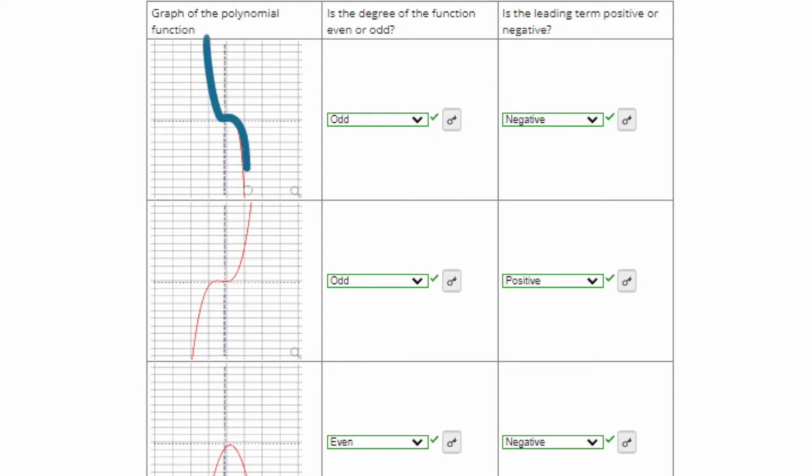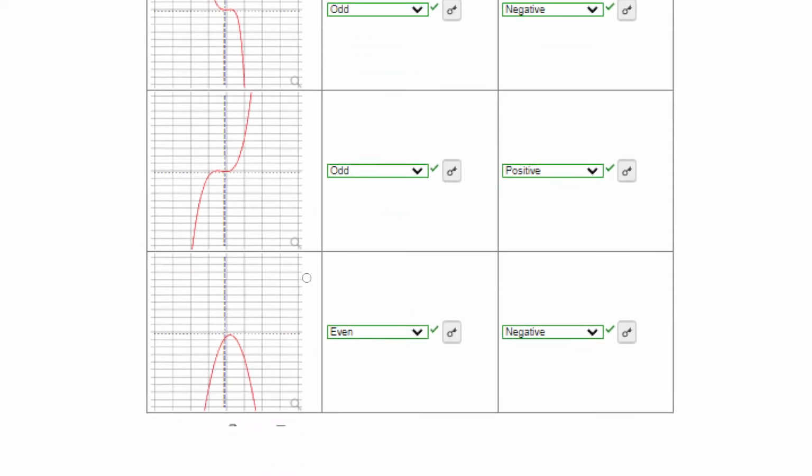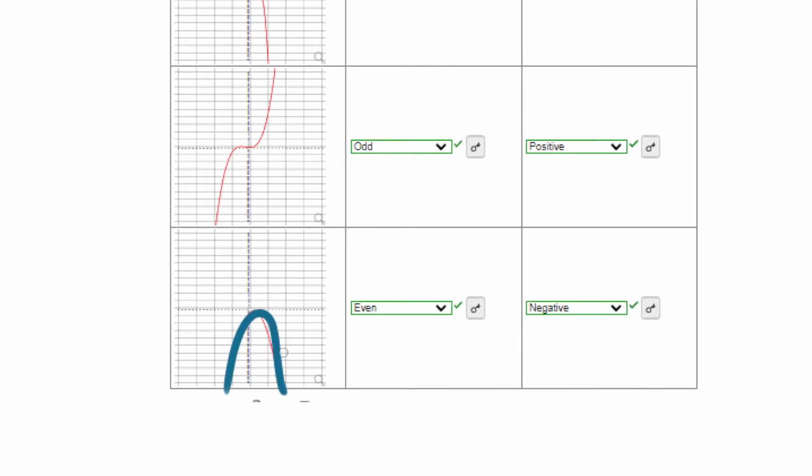So this one is an odd one because we have up and down. And it's negative because we start high and end low. This one is odd because it has two different directions, and it's positive because we start low and end high. This one is even, and it's negative because we start low, end low.